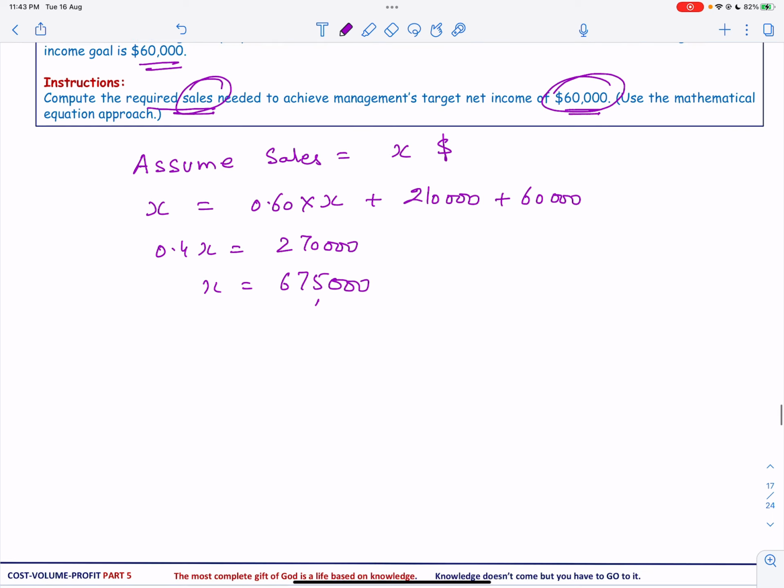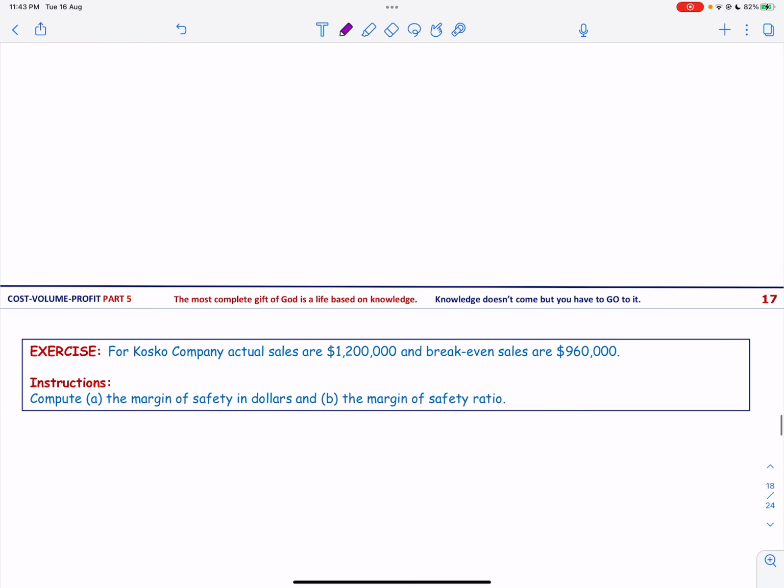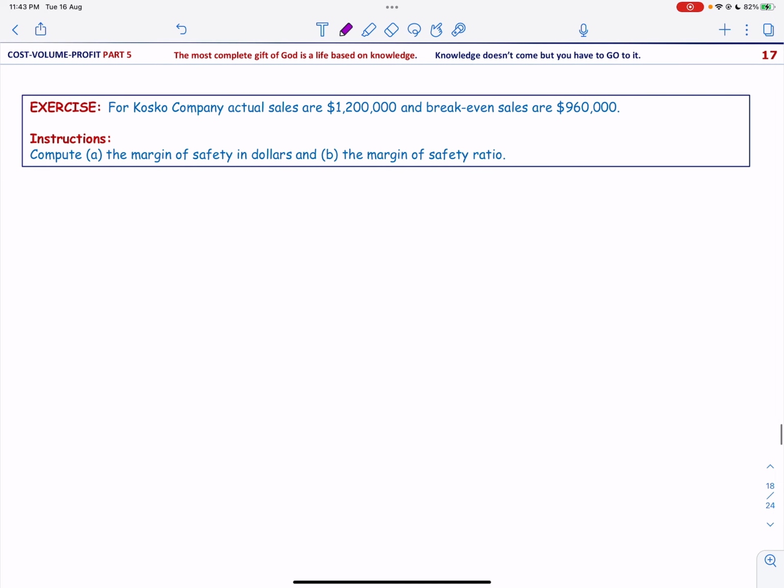Next, let us solve an exercise on the margin of safety and the margin of safety ratio. For Costco Company, actual sales are 1,200,000 and break even is 960,000. Compute the margin of safety in dollars.